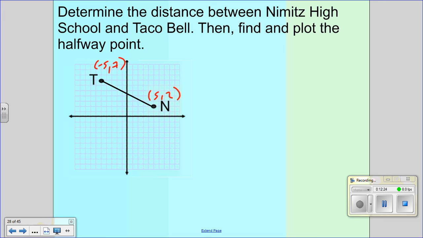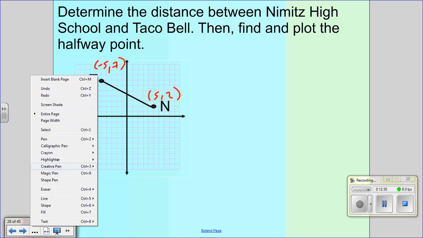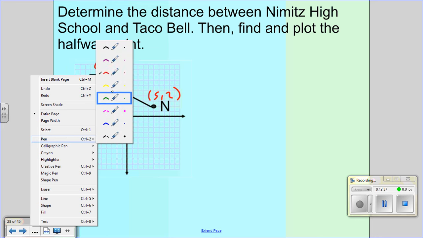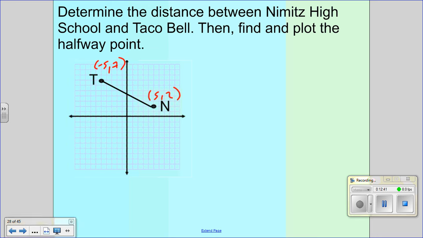We would use the distance formula again, but I have another method to my madness that might be helpful. What you can do is form a right triangle by coming straight down and straight across.